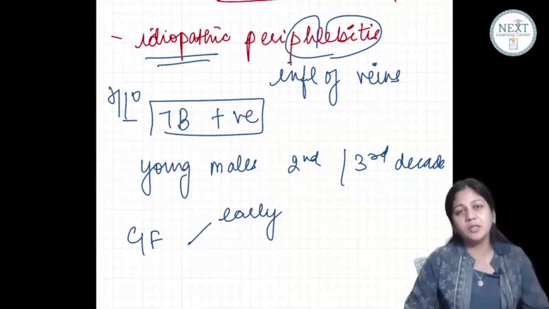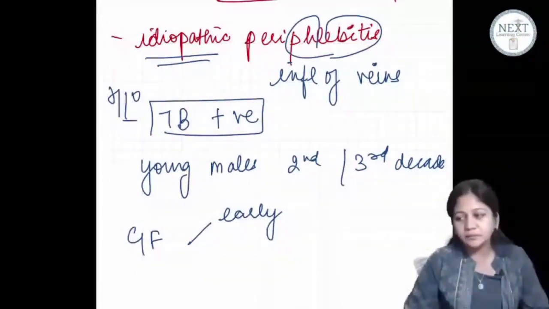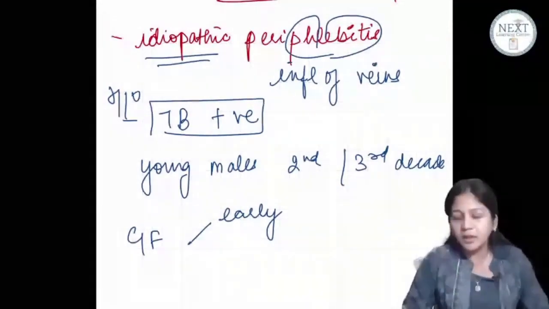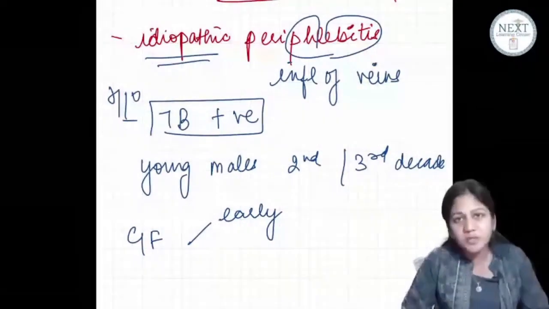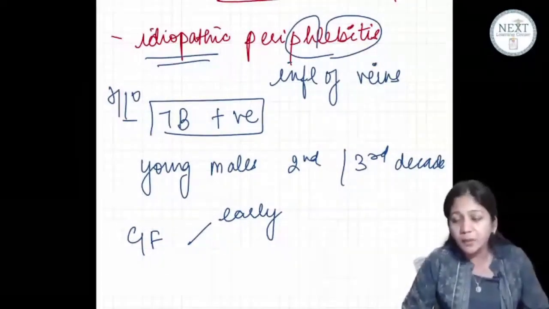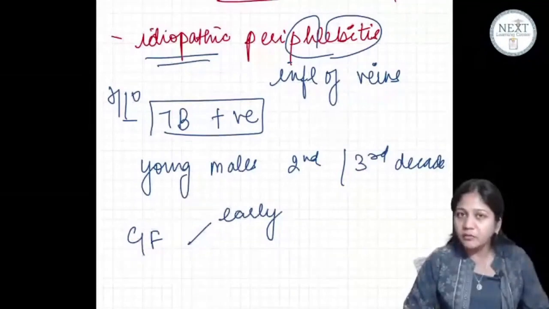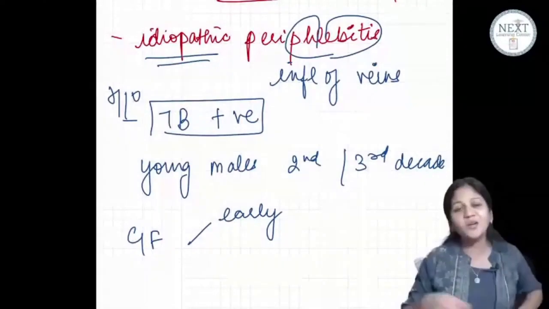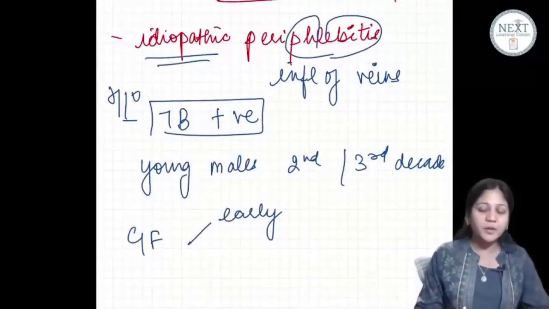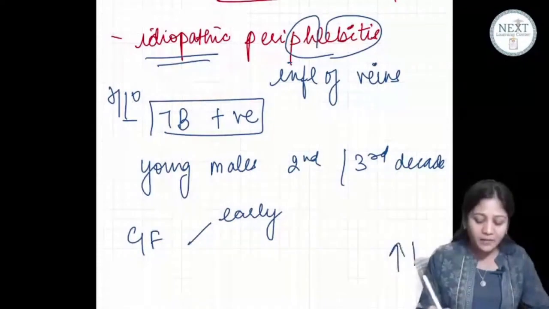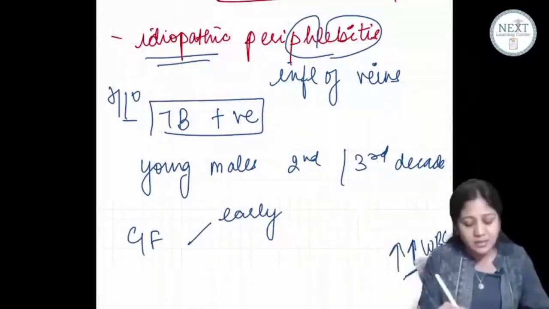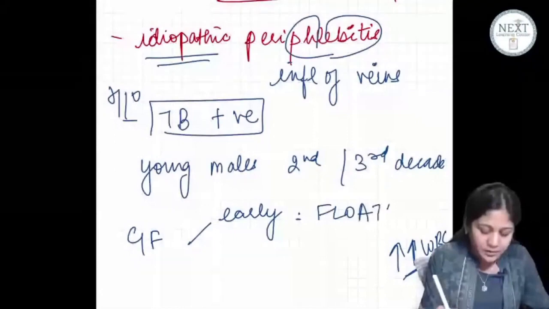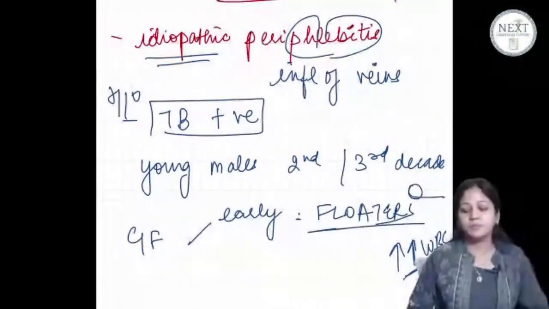If there is inflammation, what can happen? Redness? I just told you that in vitreous and retina problems there is never redness. It is a posterior segment inflammation. There is never pain. So what will be seen? Floaters. Why floaters? Because when you have inflammation you will have excessive WBCs. These excessive WBCs will be seen by the patient as floaters.